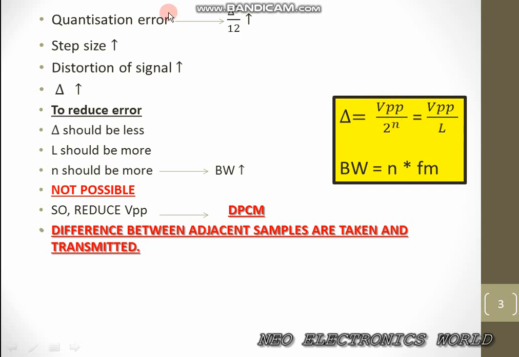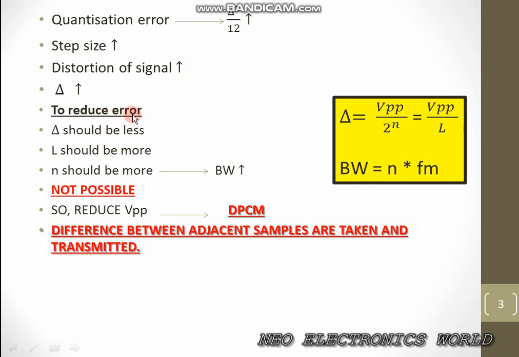As the step size, that is delta, increases, the quantization error will also increase. This will lead to distortion of the signal and the communication process will be completely in error. Am I right?